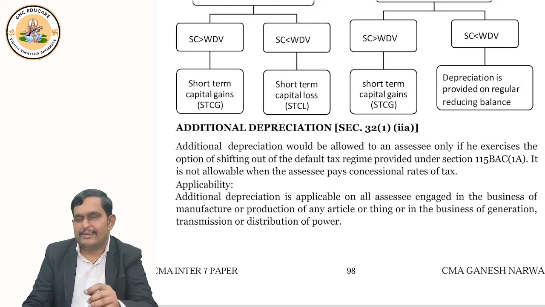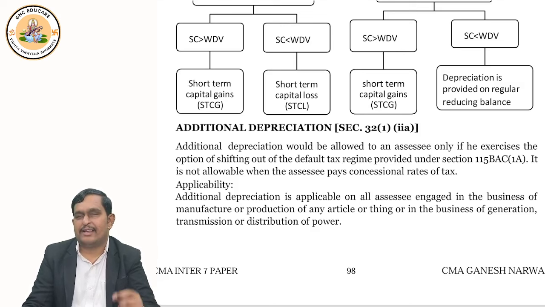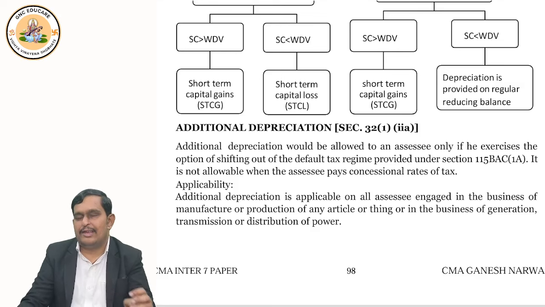But who can claim? The assessees who are into manufacture, production, processing, right? So if you are using plant and machinery for manufacture, production, processing, then only you can claim additional depreciation.